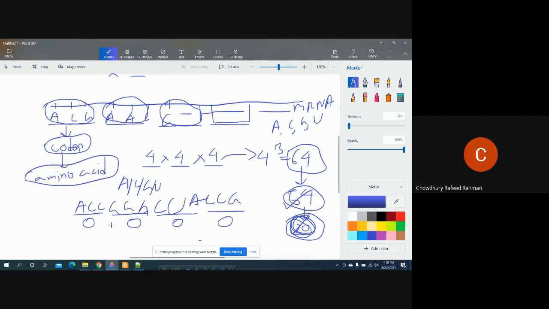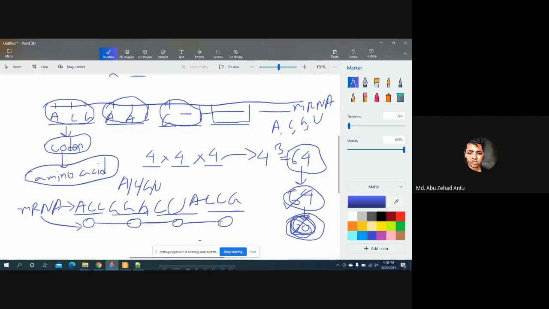These 4 amino acids join together and make a protein. Is it clear? Yes, sir. This is an mRNA, and this is the protein. When these codons transform into amino acids and join together, then this becomes a protein. Is it clear?